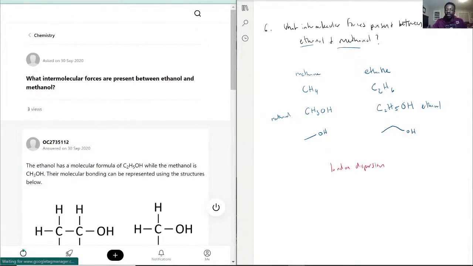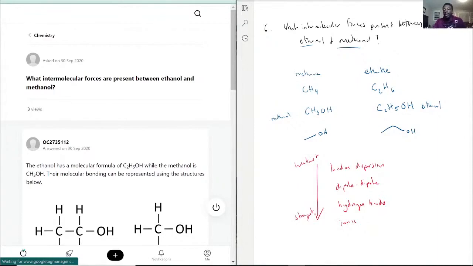We have polar or dipole-dipole bonds. We also have hydrogen bonds, and we have ionic bonds as the last one. Well, ionic forces in a sense. This would be how it goes from weakest to strongest.